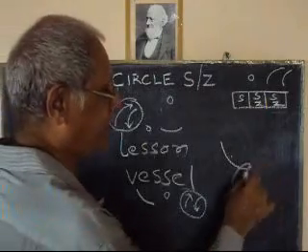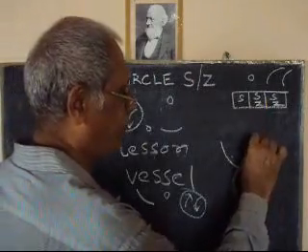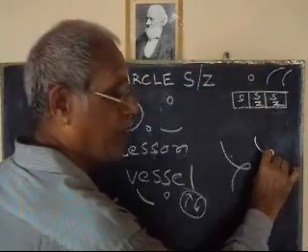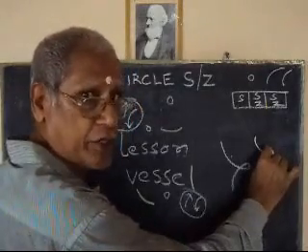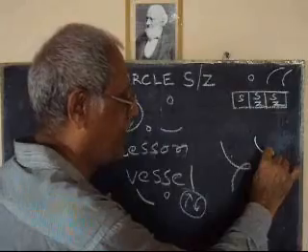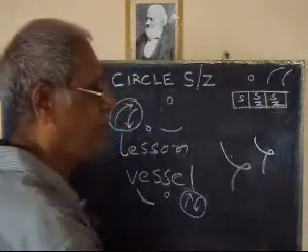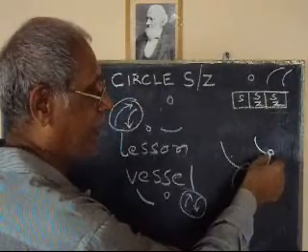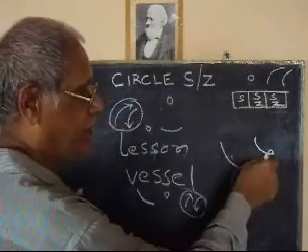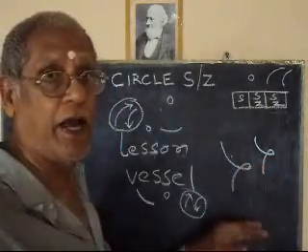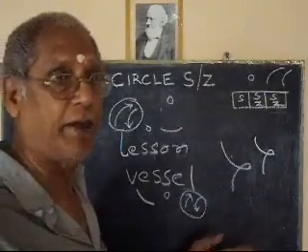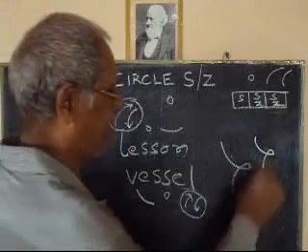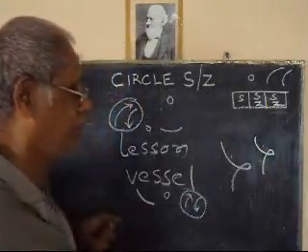In which direction you are writing the circle? Suppose like this. Whether it is the right motion or left motion, need not think. The same motion you continue, the same direction you continue. So whether upward L or downward L will be decided by the direction of the circle. Vessel, like this. You know.